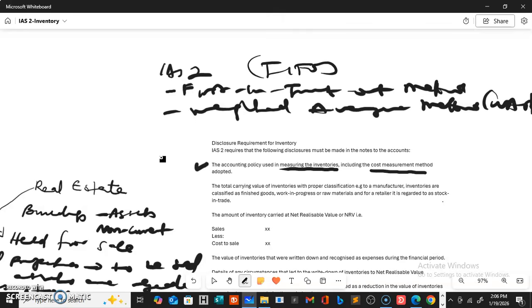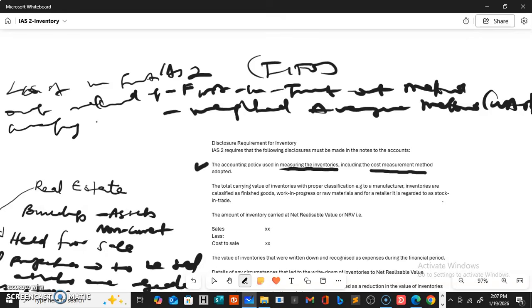Please take note. So these two methods of costing or valuation of cost are recognized according to IAS-2. But last in, first out is ignored. Last in, first out method of inventory valuation is ignored.